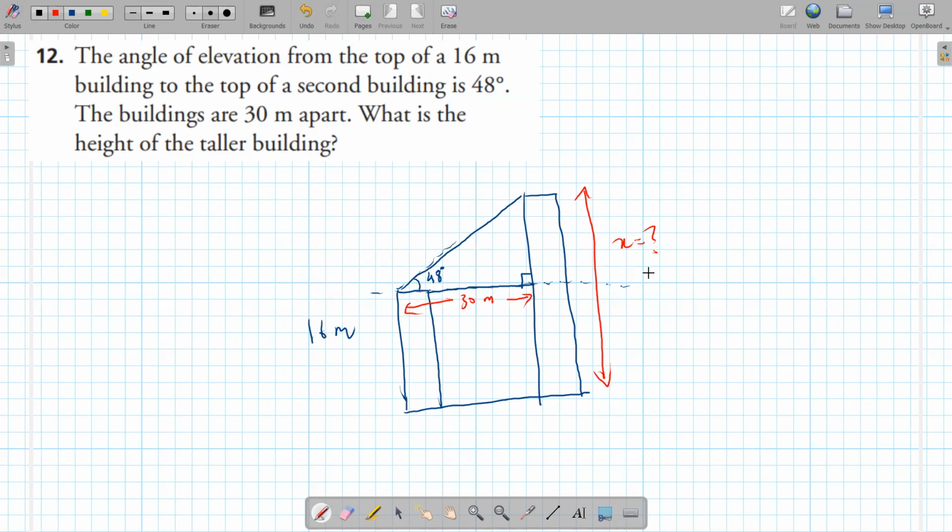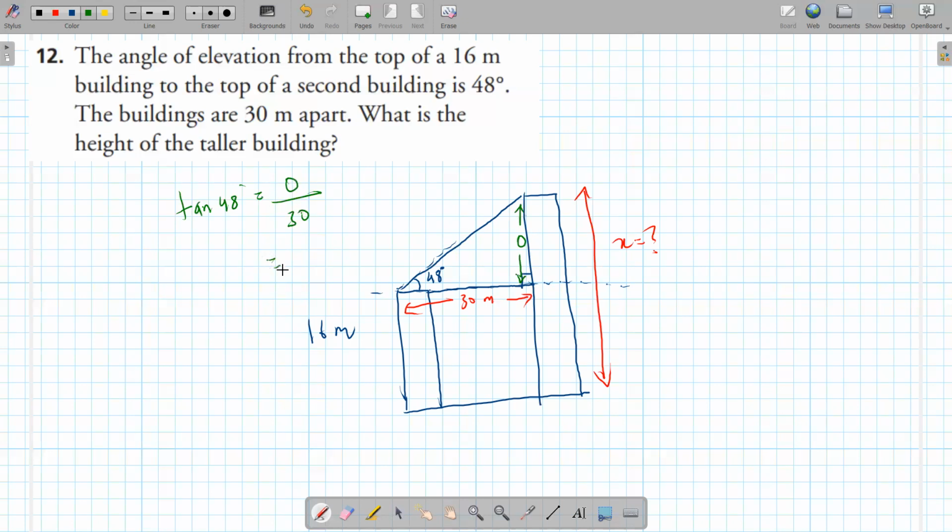Any ideas? You could use tan. Yes, that's perfect. You are going to use tan because we need to first find this opposite side. Let's just call this O. So O is the distance from there to there. So we get tan 48 is equal to the opposite, and the adjacent for us is 30.